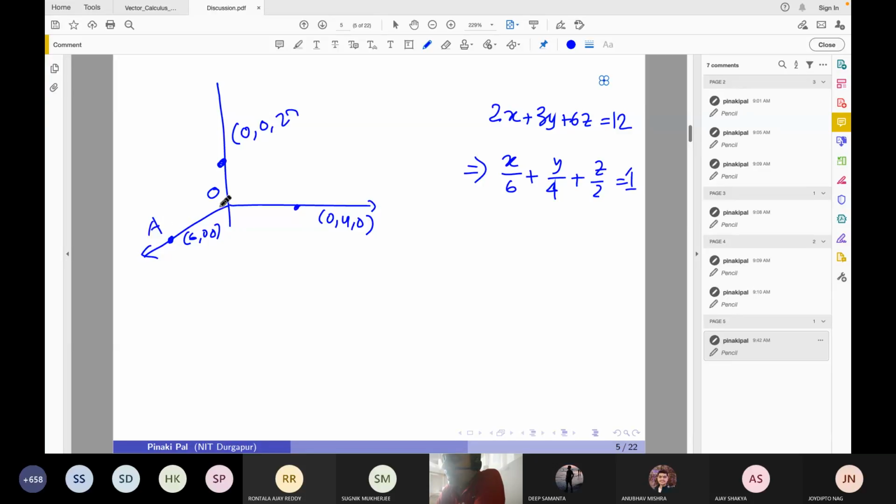So this is say A, B, C. And we have to consider this portion of the plane.